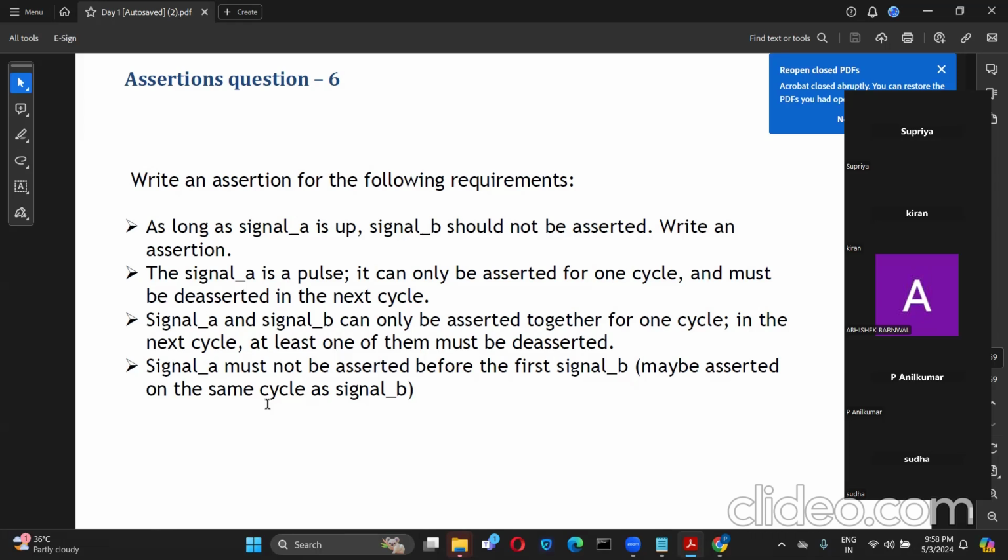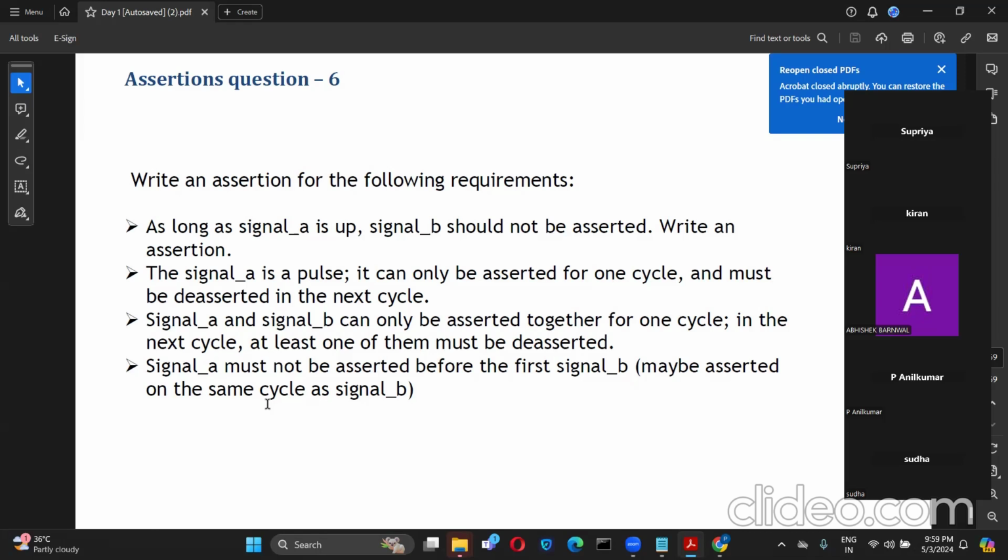Negation of signal A, implication signal B. Correct. That also works. Or you can write not of dollar rose of signal A until signal B is high.